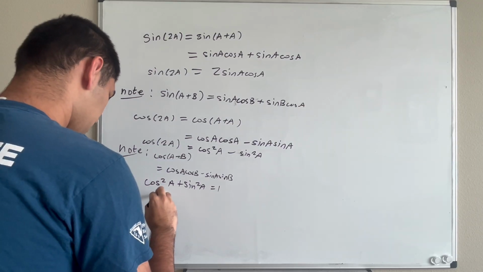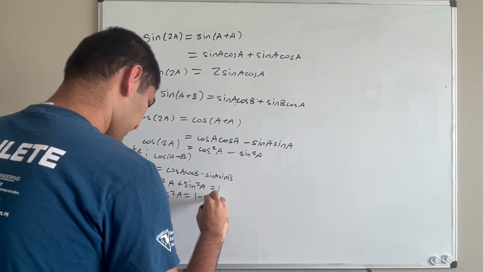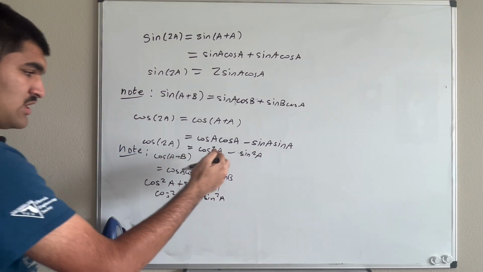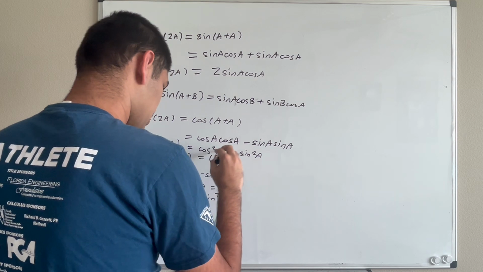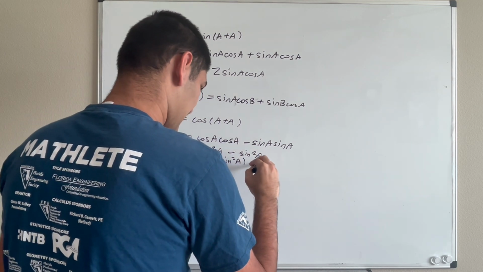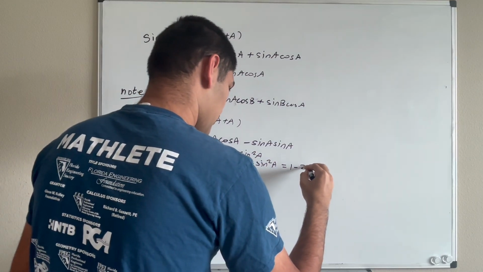So then cosine squared a must be equal to 1 minus sine squared a. So then we can substitute this in for cosine squared a right here. So we get 1 minus sine squared, minus the sine squared. And so then this is how you get the 1 minus 2 sine squared a.